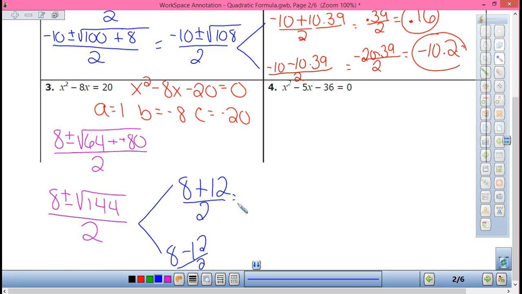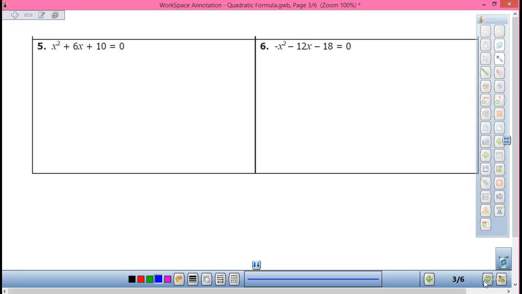So 8 plus 12? 20 divided by 2? 10. 8 minus 12? Negative 4 divided by 2? Negative 2. Who's confused? Nobody? Sheesh, we gotta get harder questions.